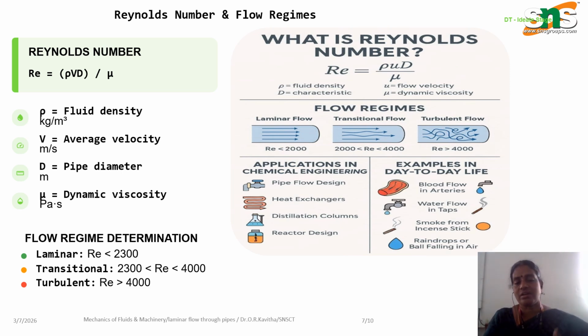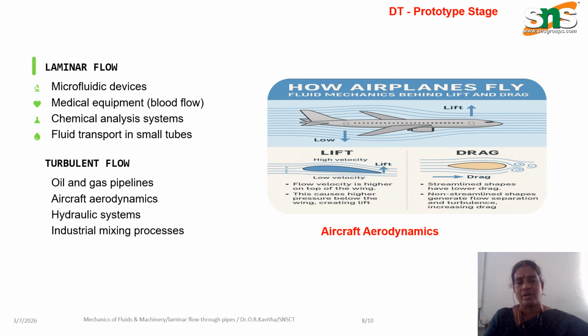Wherever we go in chemical engineering or civil engineering, we use these concepts. Laminar flow is used in microfluidic devices, medical equipment, chemical analysis systems, and fluid transport systems in small tubes.